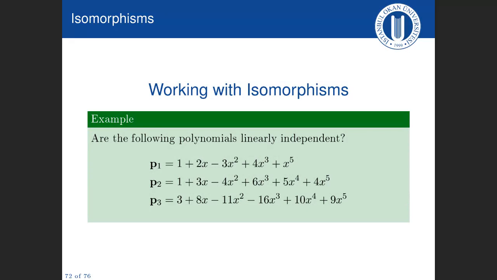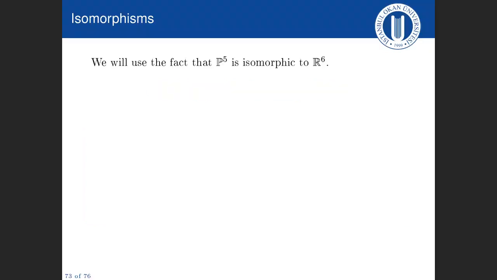What can we use isomorphisms for? Well, for example, are the following polynomials linearly independent? These are polynomials of degree 5. So these all exist in P5, the vector space of polynomials of degree 5 or less. But P5 is isomorphic to R6.